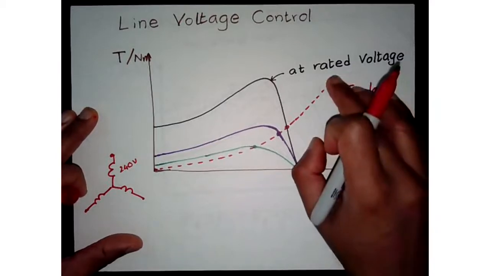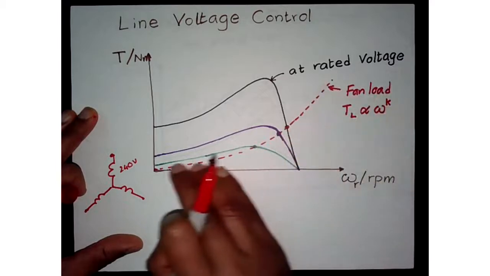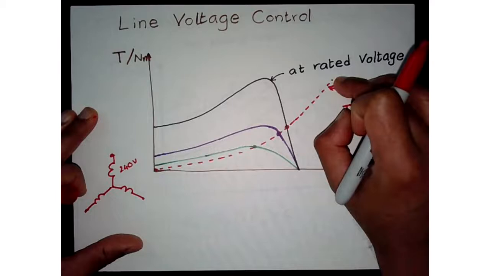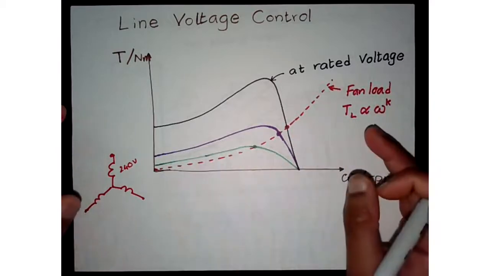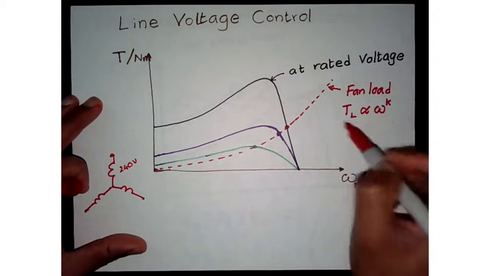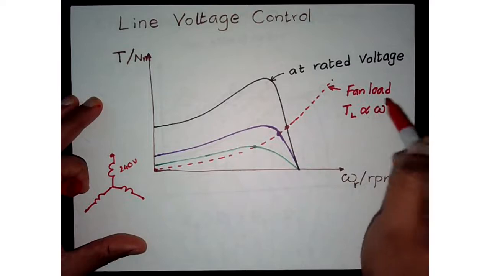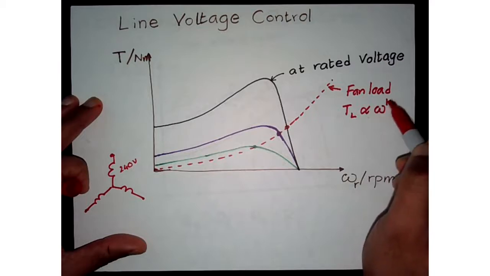Now think of the torque speed curve of a load, where the load and the motor work together. The load torque will depend on the speed; it's proportional to a certain power of the speed of the fan.